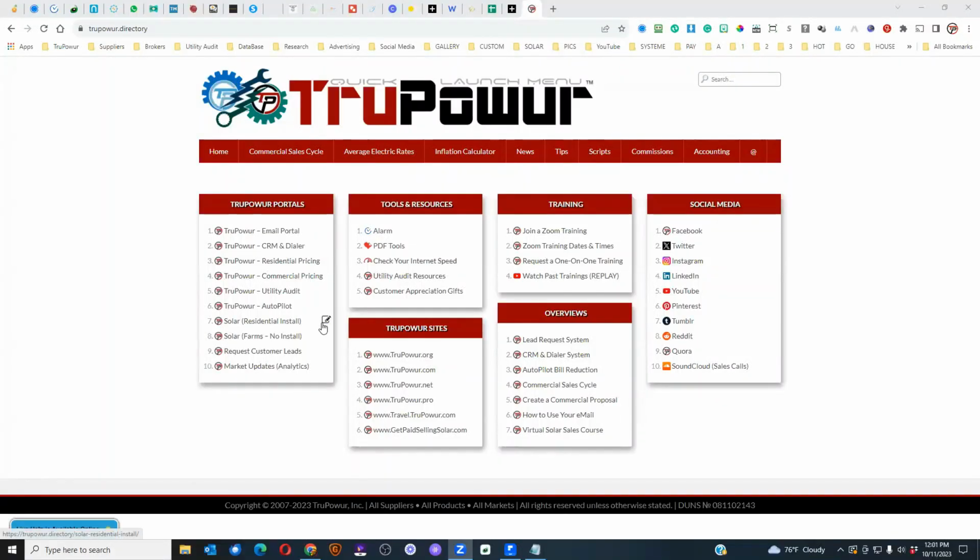All right. So by now, everybody should know how to access the quick launch menu. It is at TruPowur.directory, and you can access virtually everything that you need from the quick launch menu. So that is something that you should always have up and available to you.